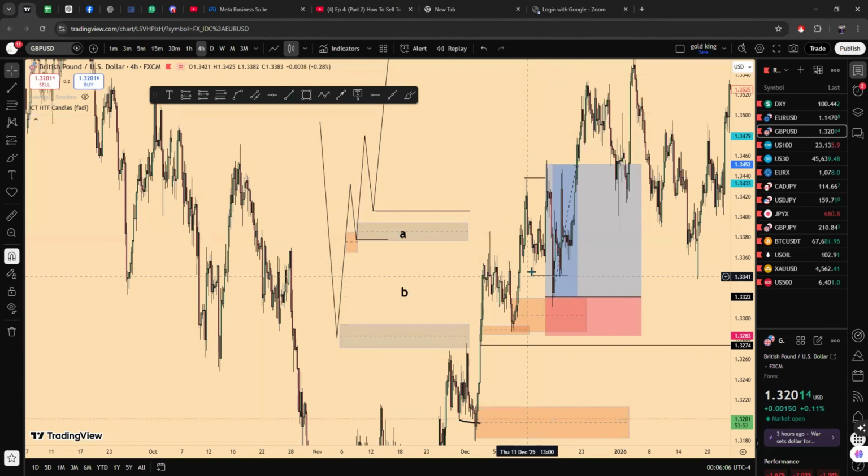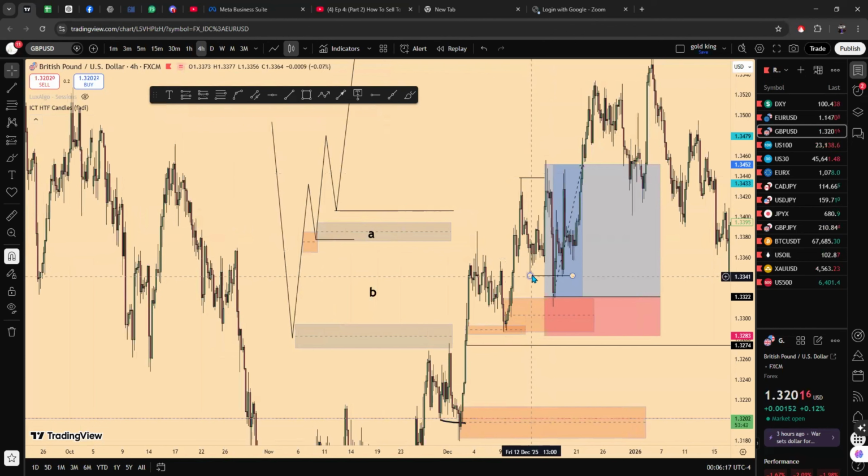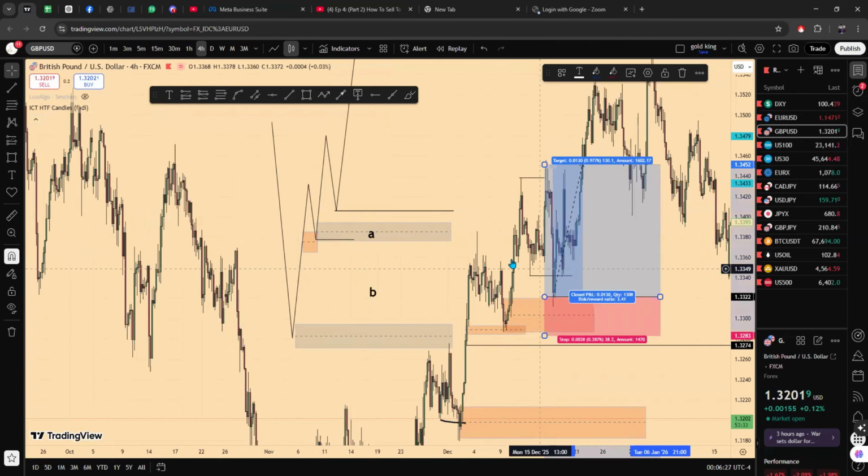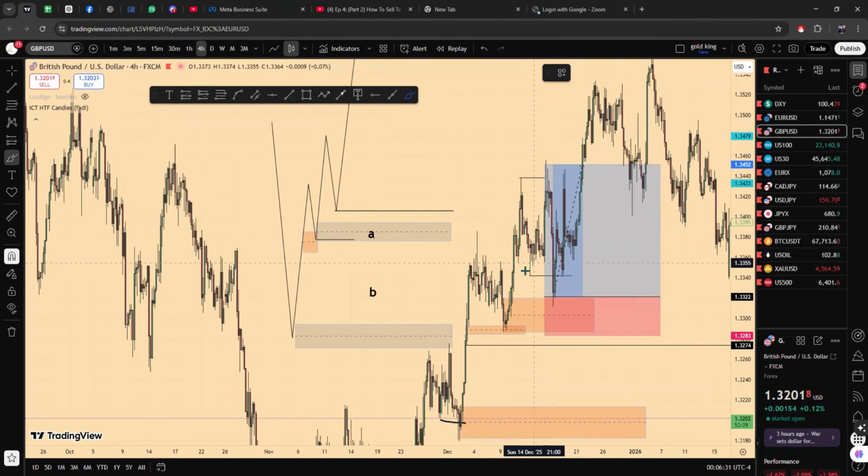It creates a swing low, tries to move back up, and this is why I say this is a strong inducement: it went up and gave a break of structure. That means it has succeeded in convincing people that this is a valid swing low, which means people are buying here and putting their stops below this low.